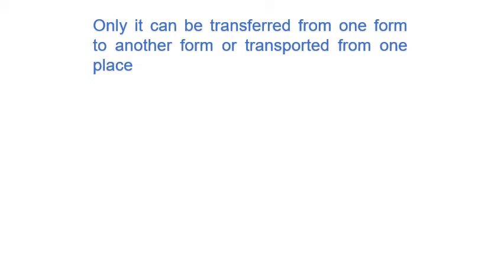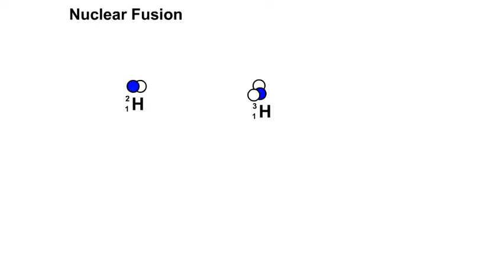Then you may wonder how it is produced in the sun, right? Energy is stored in the form of chemical energy in the sun. The hydrogen atoms fuse together to form inert helium gas in the sun.